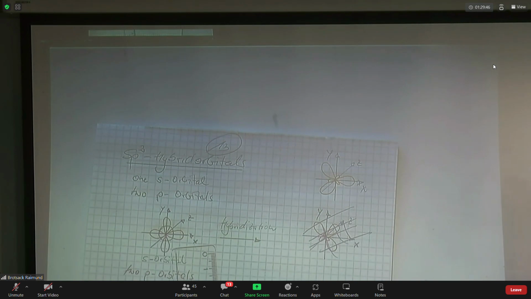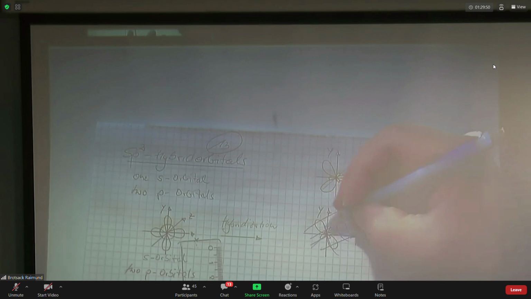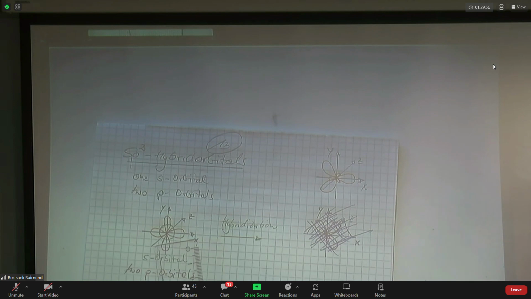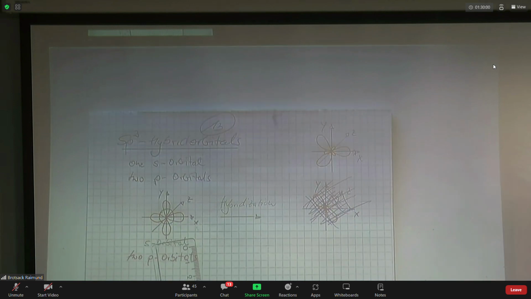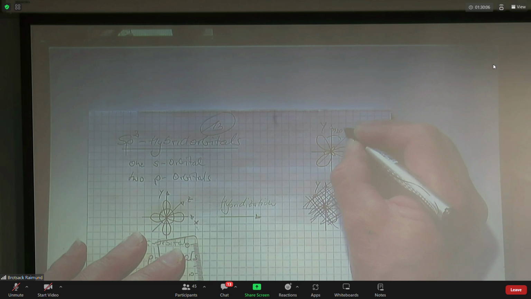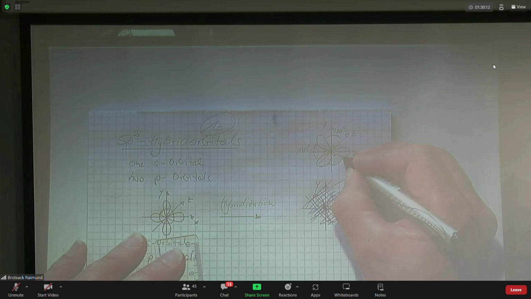So it's looking like this. And the angle here in between is exactly 120 degrees. That is 3 times, means 360, which is a circle.